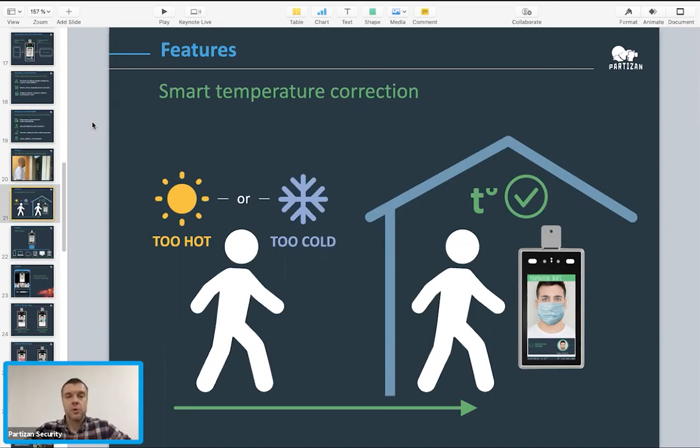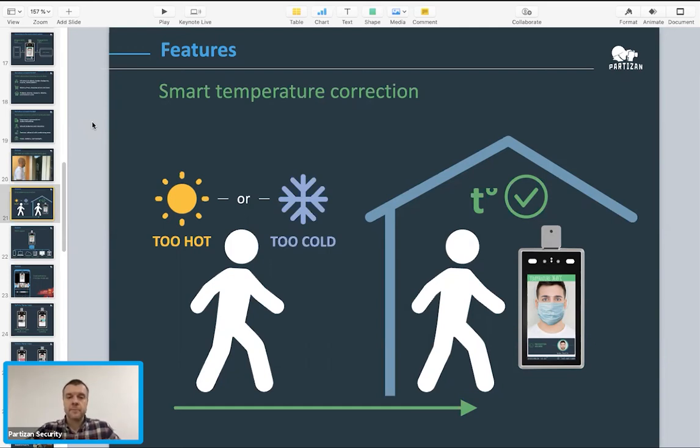So basically, what to do? The very common and basic recommendation is like this. If the temperature inside your premises is quite different from the temperature outside, the people coming from outside have to stay inside for 5 minutes, for example, to adapt themselves to the temperature inside.